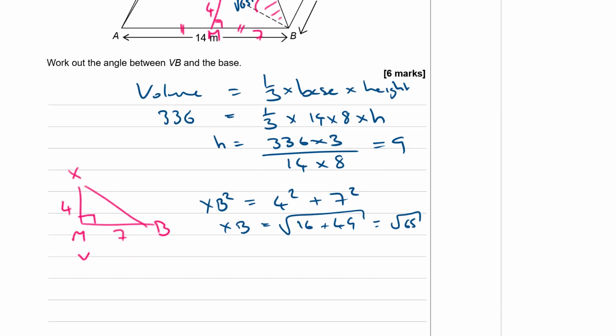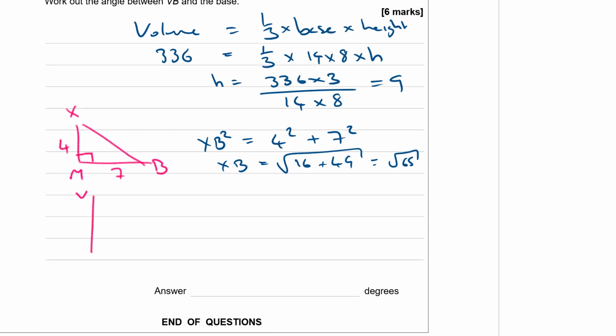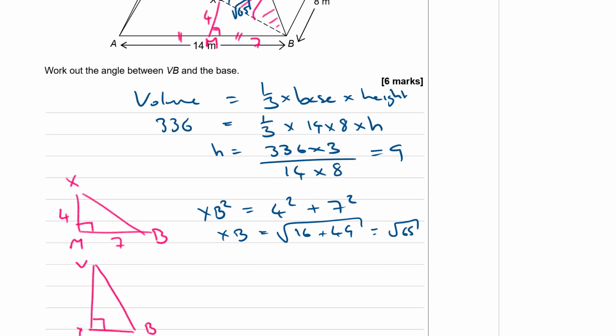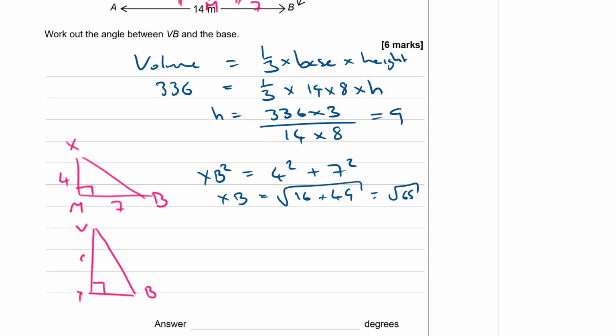So this is X. So this is B down here. So right angle triangle. H is 9. And this side here is root 65. We want to find this angle here. Let's call it theta.